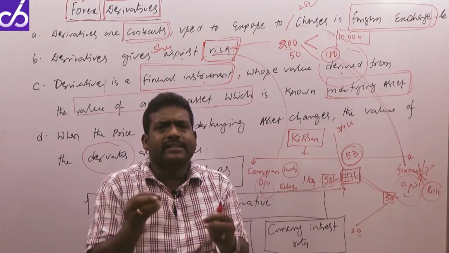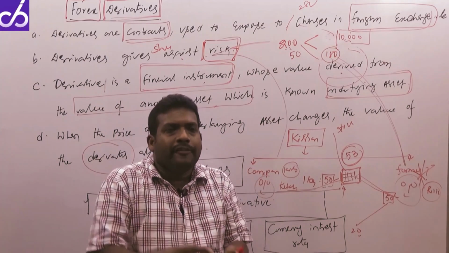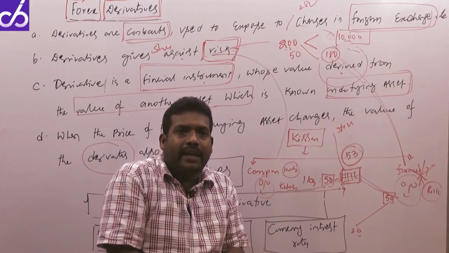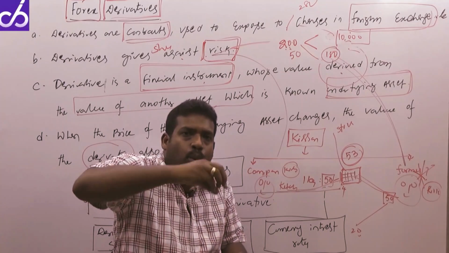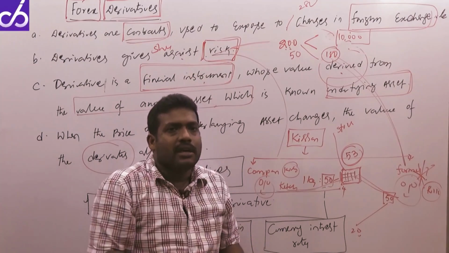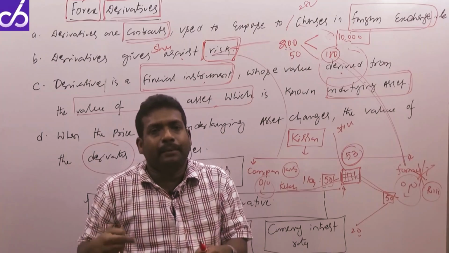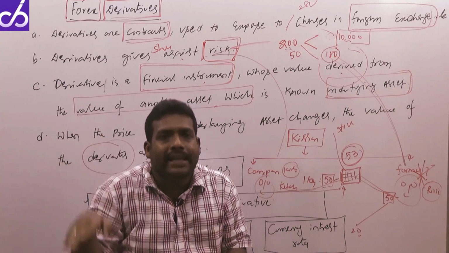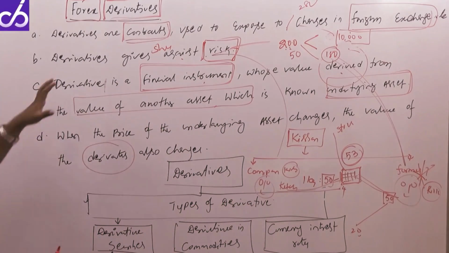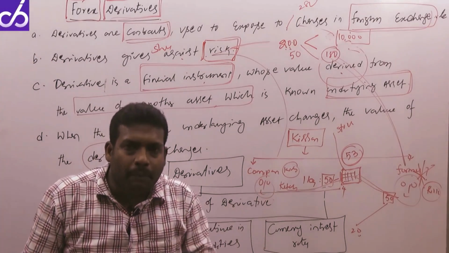So finally it is simply a legal bet. Whoever the agreement works in favor of, that person's value increases, and whoever the agreement works against, his value systematically decreases. That is called, what is that? Derivatives.